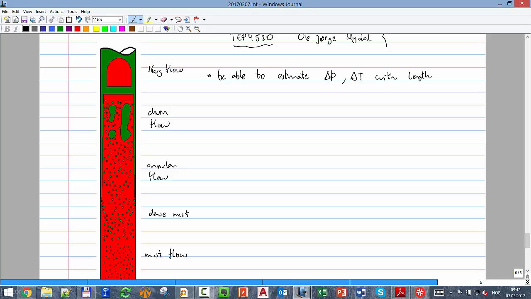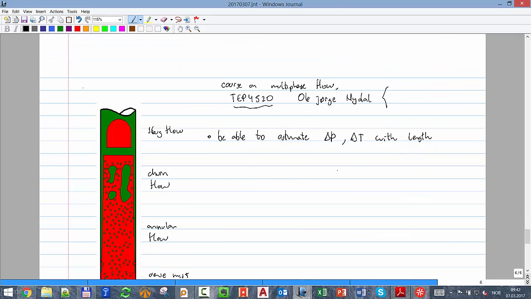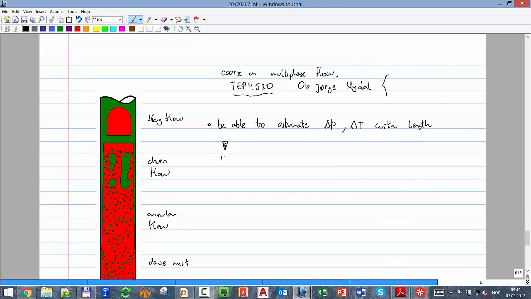Something that you already have to have in your mind is that it won't be the same calculation method for all of these flow patterns. So we cannot use one unique method for the whole tubing. We have to split, due to the variation in pressure and temperature and the variation in flow patterns.